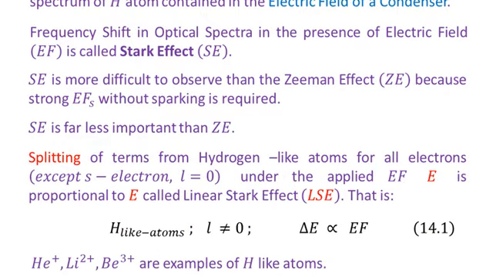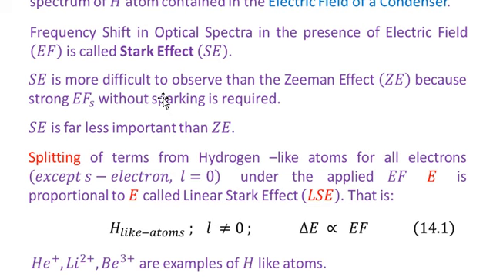So SE, that is the Stark effect, is more difficult to observe than the Zeeman effect because strong electric fields without sparking are required. So in case of Stark effect, we need the application of strong electric fields, and at the same time we require that the electric fields do not spark.